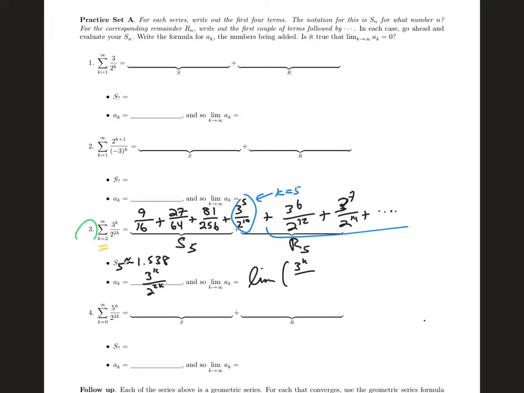The main thing here is that 2 to the 2k is the same as 4 to the k. And the second main thing is that when you have something to the k over something to the k, that's the same as this. So this goes to 0. When you take a number between -1 and 1 and raise it to a large power, it's going to 0. So that's worth checking.